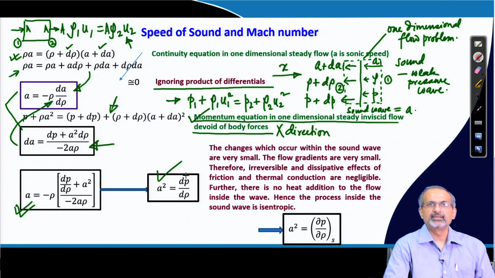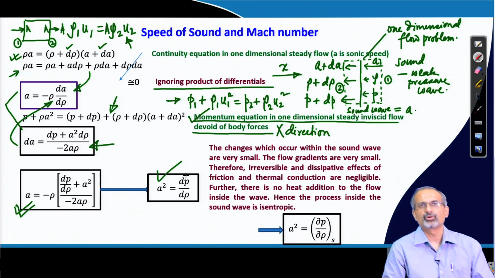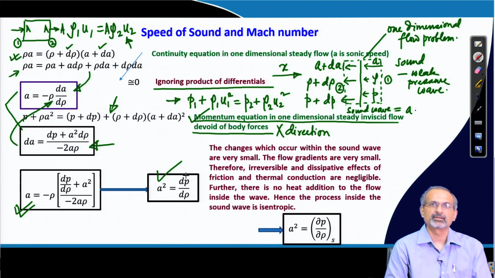Now, how does the change in pressure and density take place over here? They were very small changes. These changes occurred within the sound wave and they were very small, the flow gradients were very small, and therefore the irreversibilities or the dissipative effects of friction or thermal conduction or mass diffusion, etc., would not occur here.